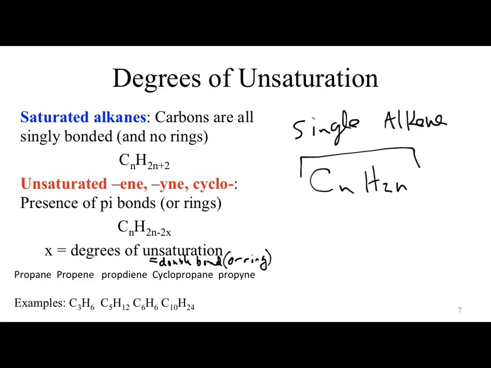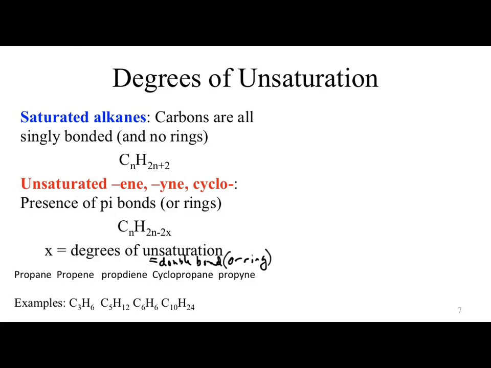Okay? What about rings? Why do rings do anything? Let's go back to the propane structure. We looked at propane. We got CH3, we got 2 hydrogens, another CH3. What was our formula? C3H8.